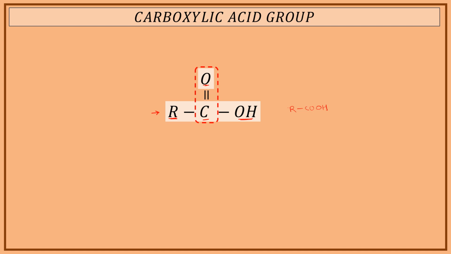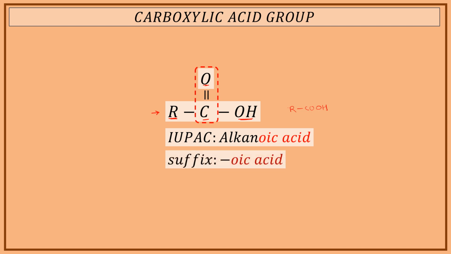So the IUPAC system of naming a carboxylic acid is alkanoic acid. We use the suffix oic acid to represent that this organic molecule is a carboxylic acid. Okay, we replace the E of the alkane with oic acid.